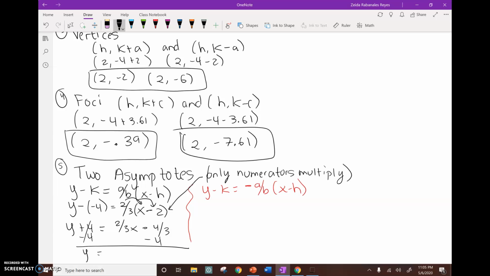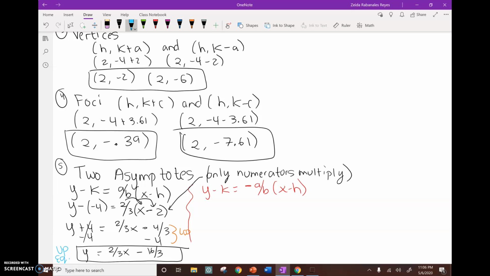Just make sure that you get the same thing as 2/3 x minus 16 over 3. Remember that you need least common denominators to add them or subtract them, or you can just plug it into your calculator and get a decimal. And then this is the equation going up because the slope is positive.